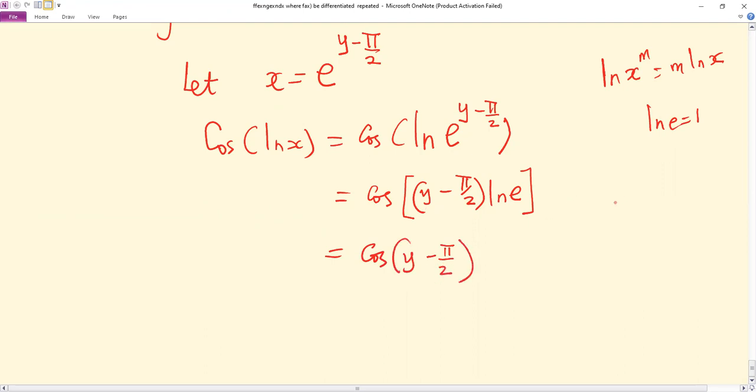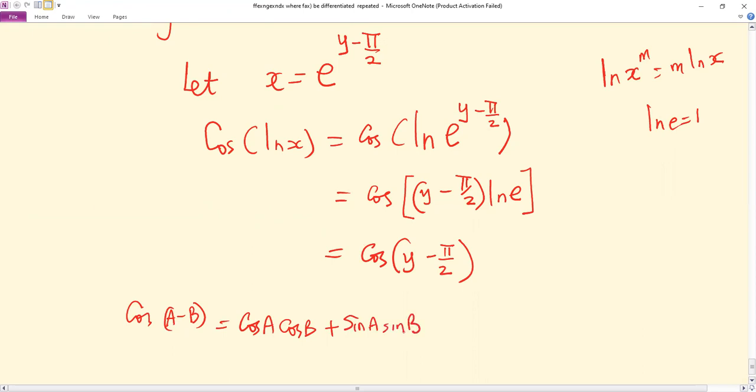And we know from this identity that cosine of a minus b is the same as cosine of a times cosine of b. When there's minus, then plus sine of a, sine of b.